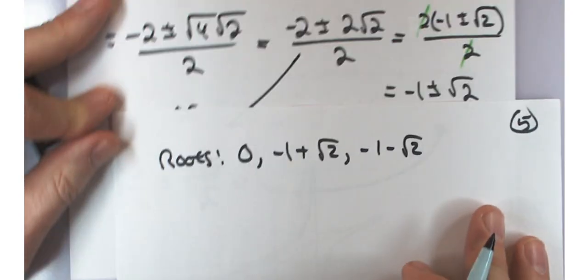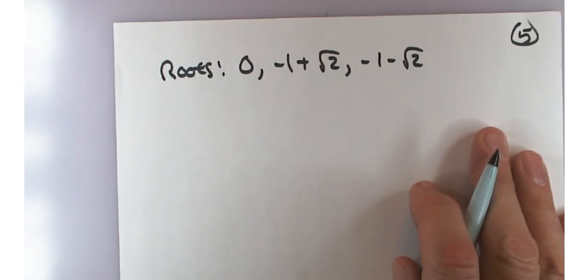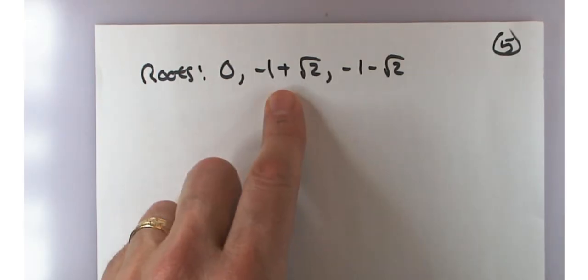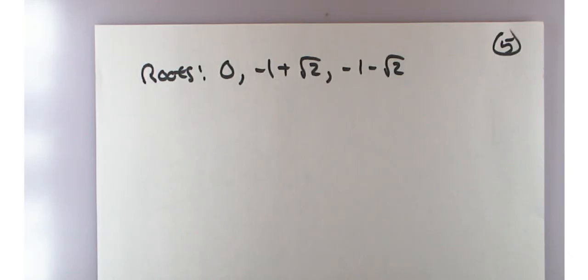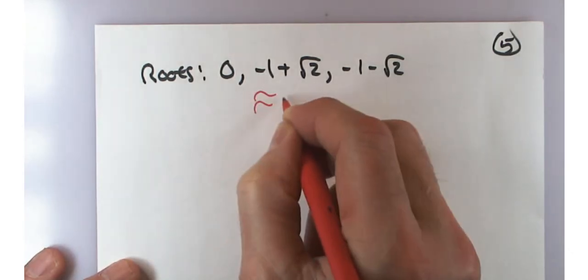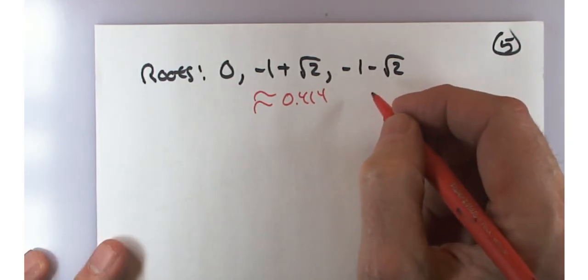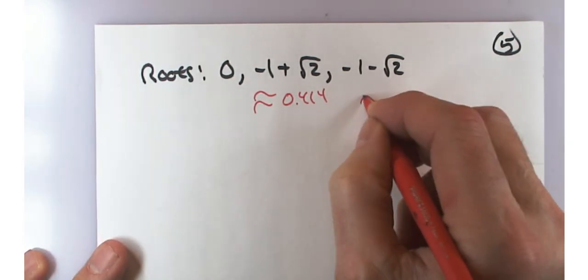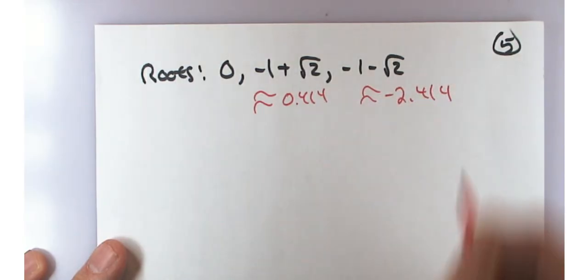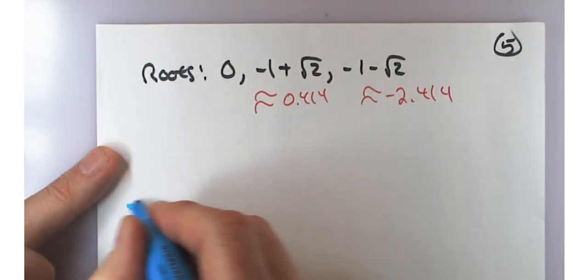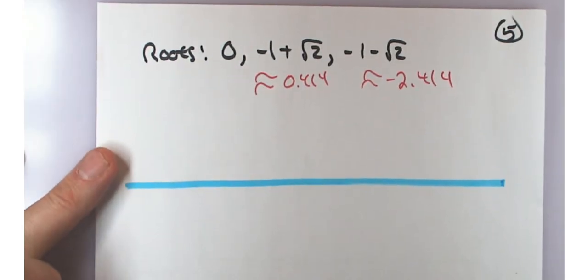It's probably not a bad idea to figure out some decimal values for those things. You can take them off of your calculator. Negative 1 plus the square root of 2 is going to be about 0.414. Negative 1 minus the square root of 2 is going to be about negative 2.414. But again, just get those from a calculator. And we're going to put test points on our line here.